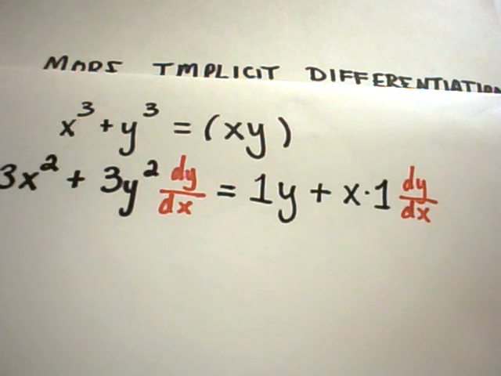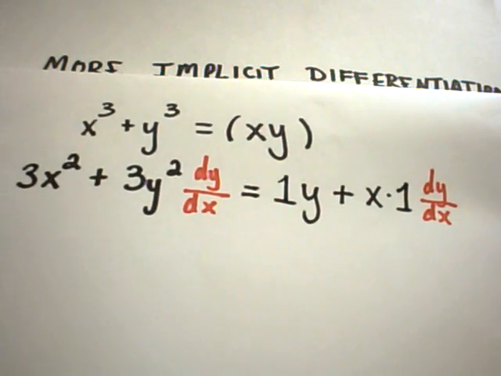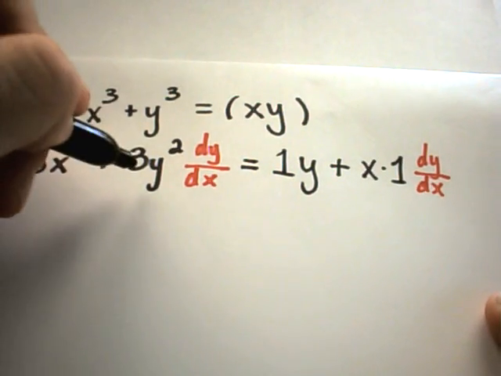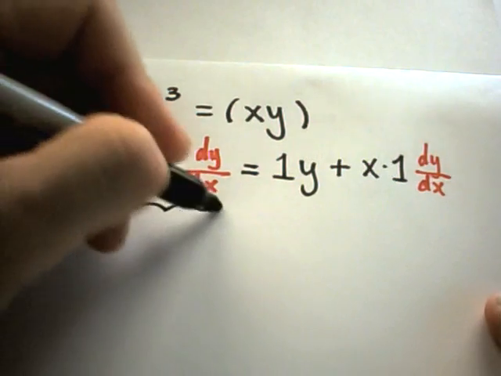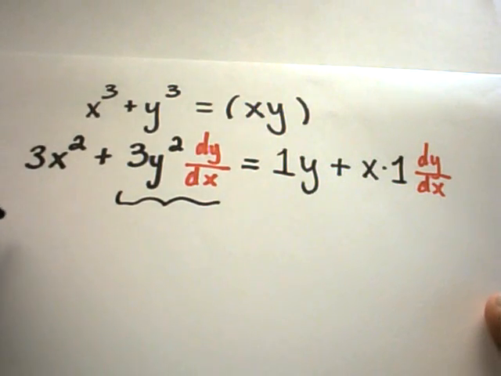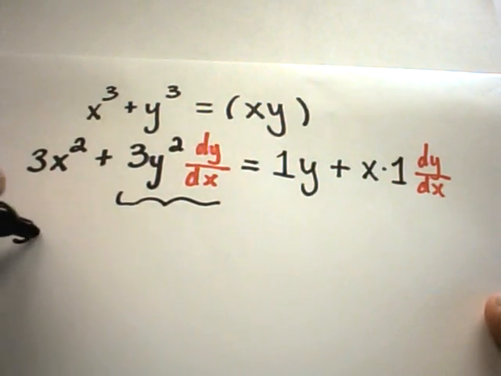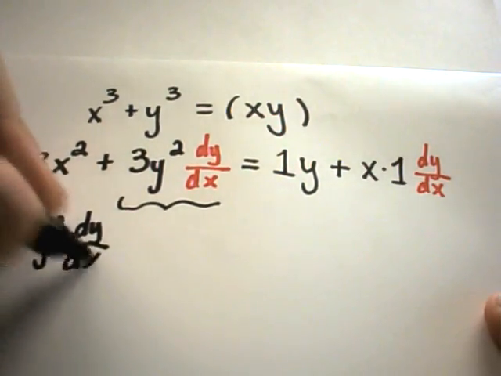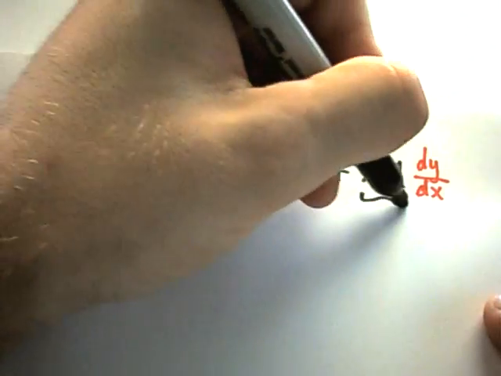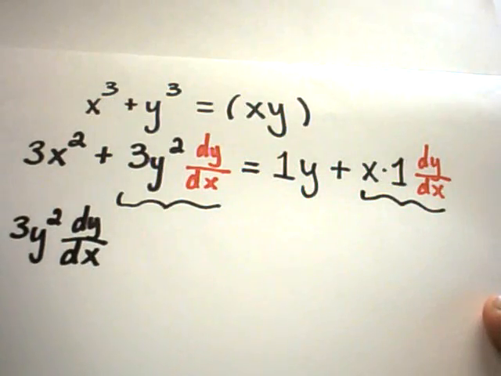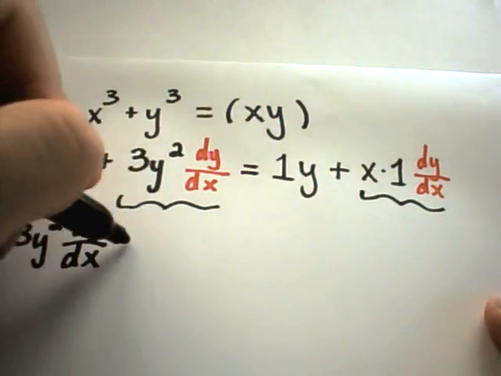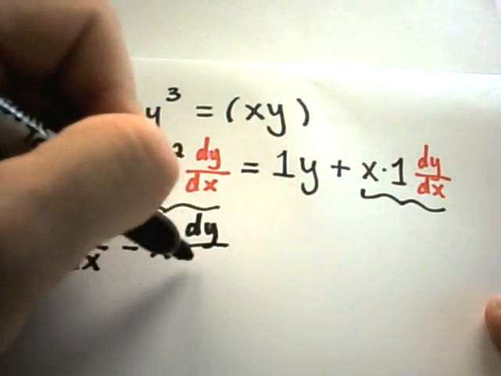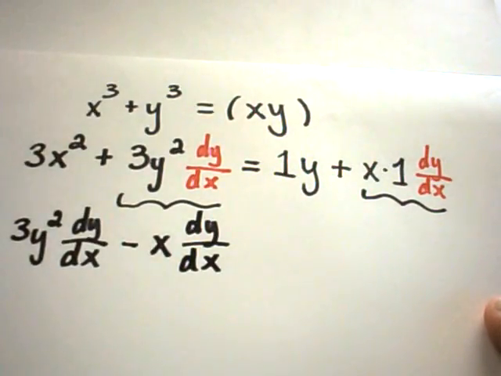Alright, at this point, basically what you want to do is simply get all your dy dx's on the same side. So I'm going to leave my 3y squared dy dx on the left. I'm going to move my x times dy dx term over by subtracting it, so I'll have minus x dy dx.